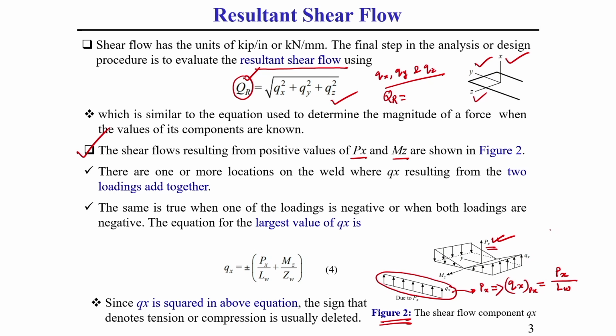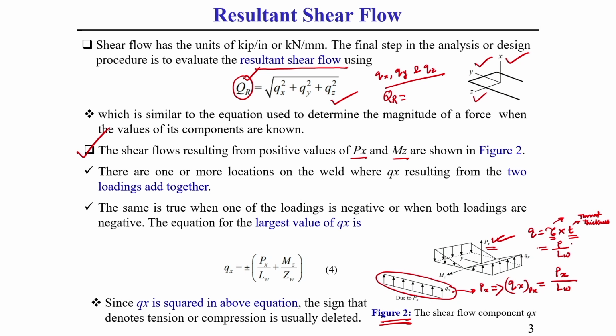Shear flow Q is shear stress into T. Shear stress is already very well known to you, and T is the throat thickness. So, due to this force, this is equivalent to force divided by length of weld, L w.